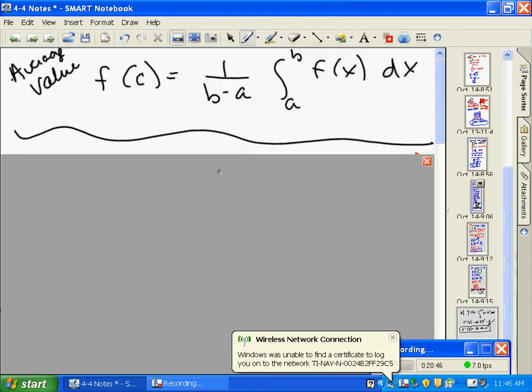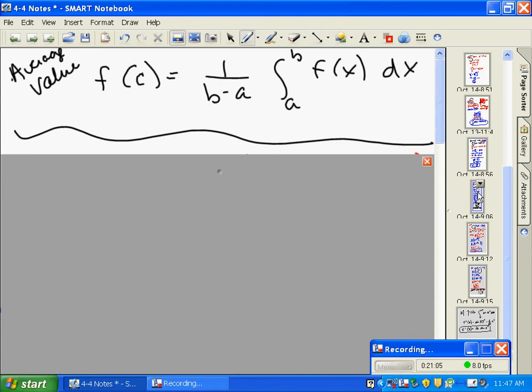Average value. You have a nice little diagram in your notes to understand what an average value is. If f is integrable on the closed interval from a to b, then the average value of f on the interval is 1 over b minus a times the integral from a to b of f of x dx.